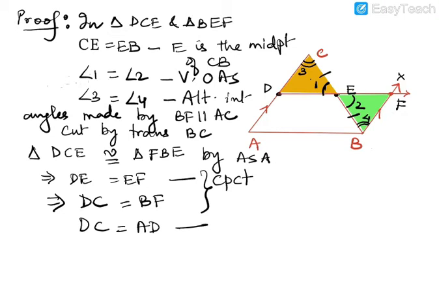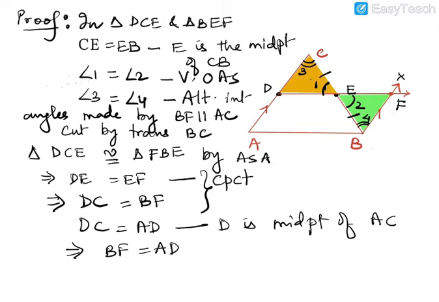This is given as D is midpoint of AC. So in these two equations, the terms on the left hand side are same, so we can equate the right hand side. So we get BF equal to AD. But BF is parallel to AD by construction.